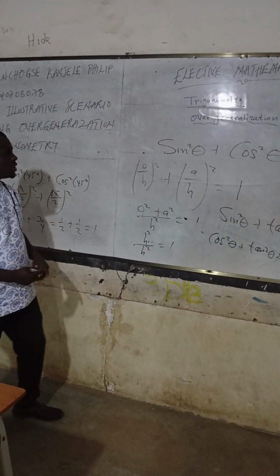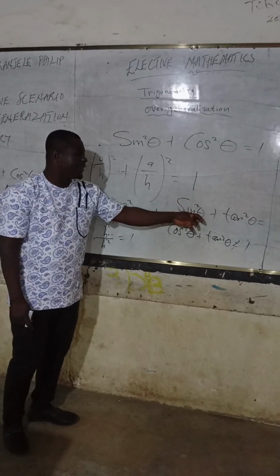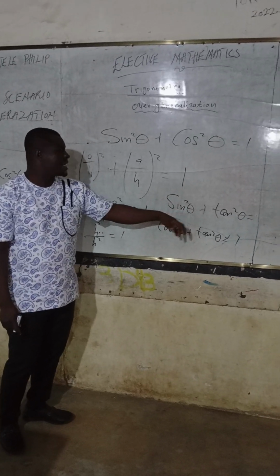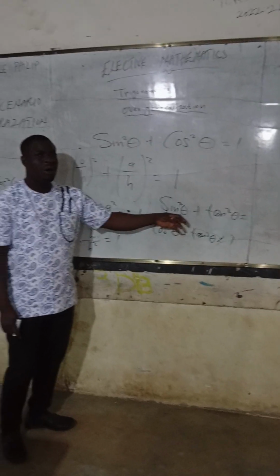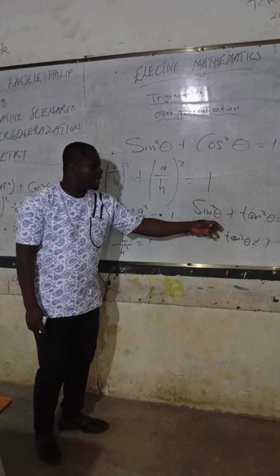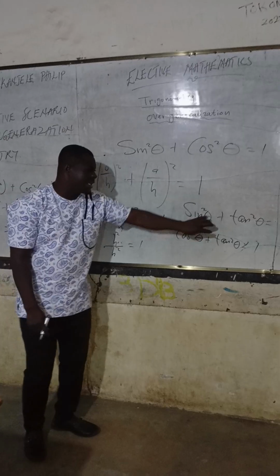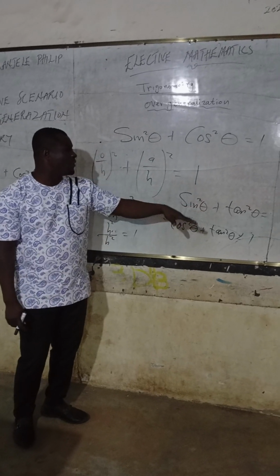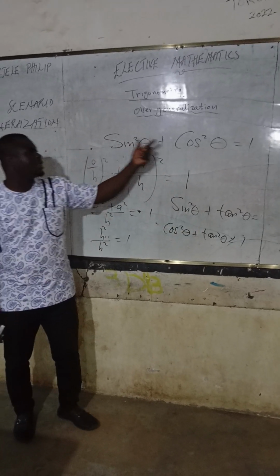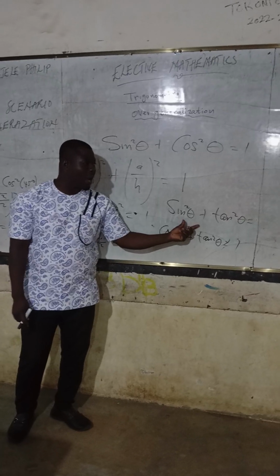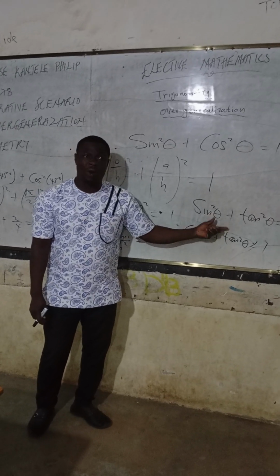If you substitute 45, or 60, 90, or any angle, you will not get 1. Students overgeneralize that since this one is equal to 1, this one too is equal to 1.